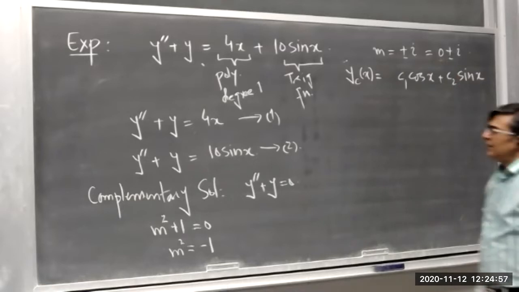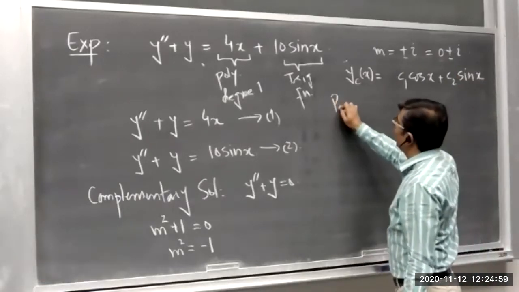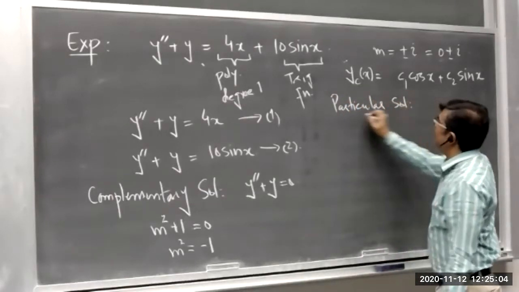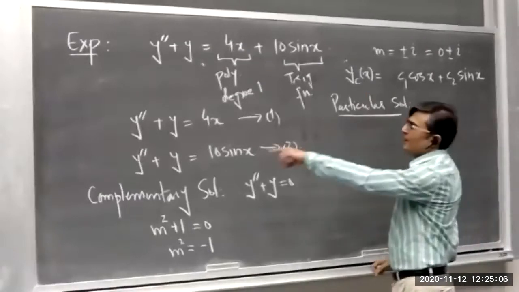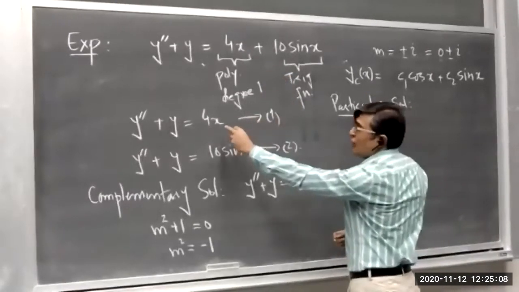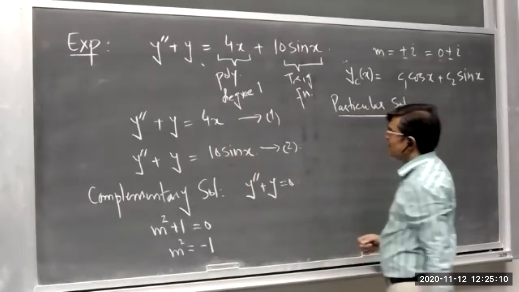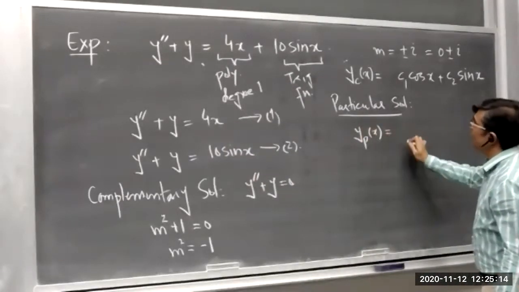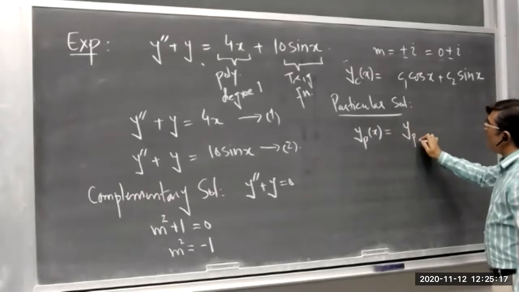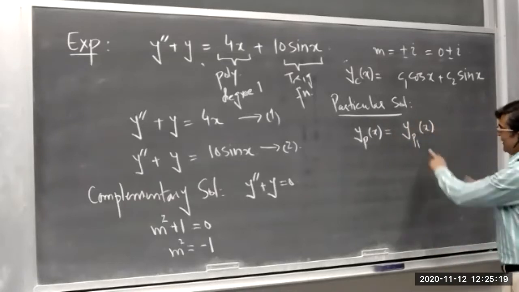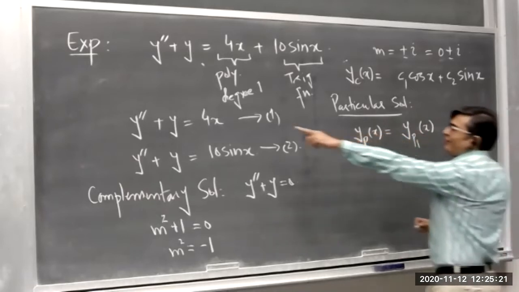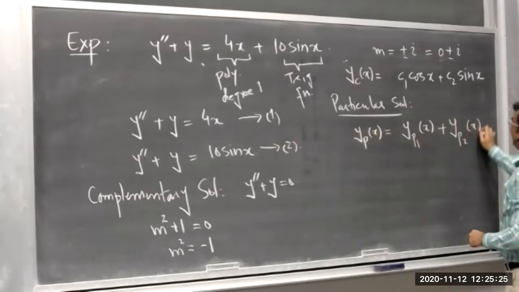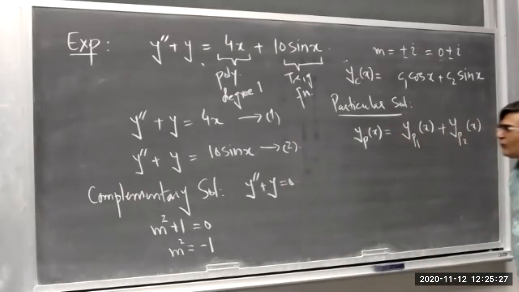Now, let's come towards the particular solution. The particular solution of the given differential equation will be the sum of the particular solutions of this and this differential equation. So in general, it is the sum of the first particular solution, P1, of the first differential equation and the particular solution, P2, of the second one.